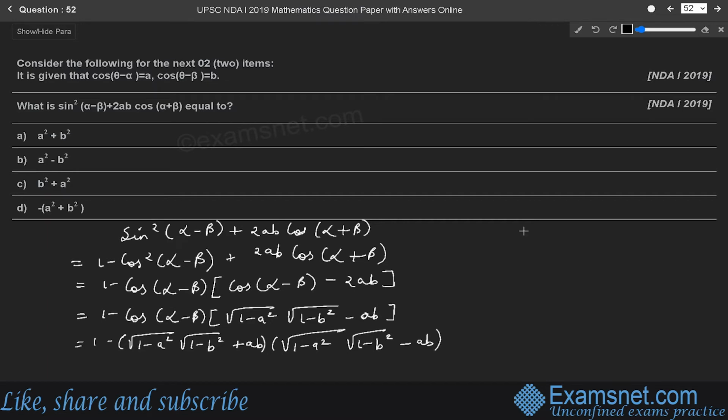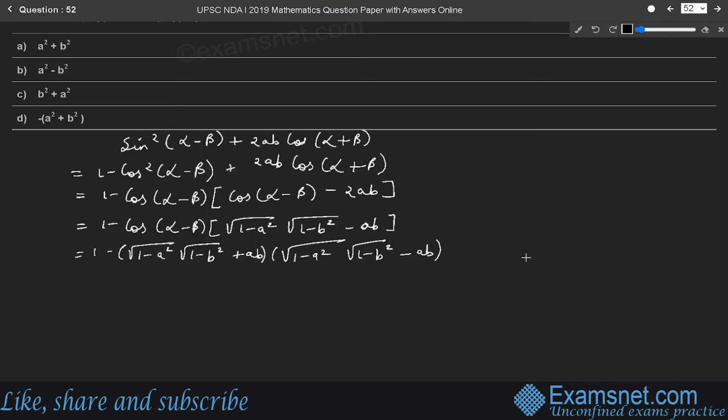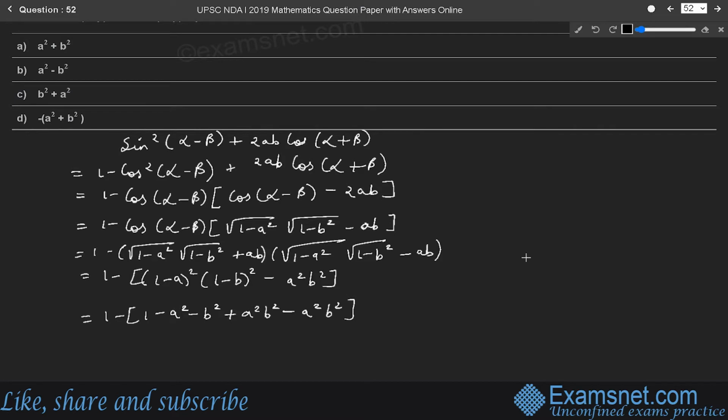On further solving, the next step will be (1 − a²)(1 − b²) − a²b², which will be 1 − a² − b² + a²b² − a²b². So the remaining term will be a² + b².